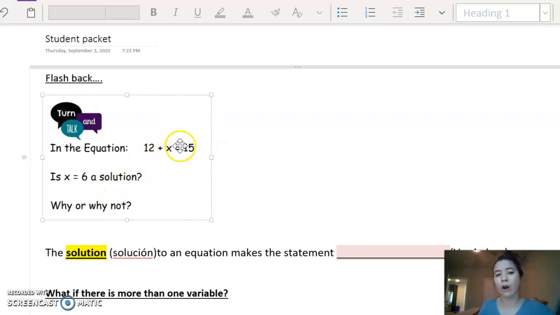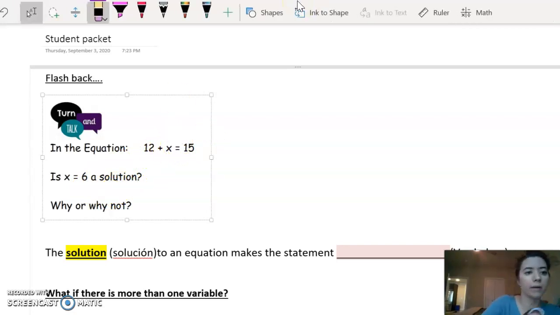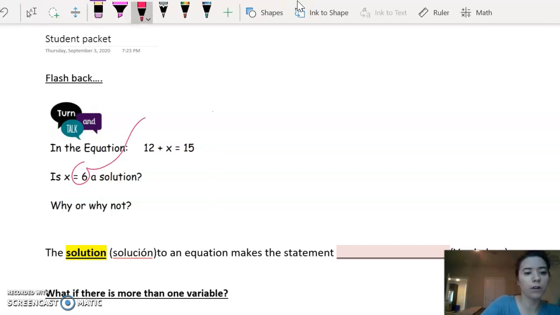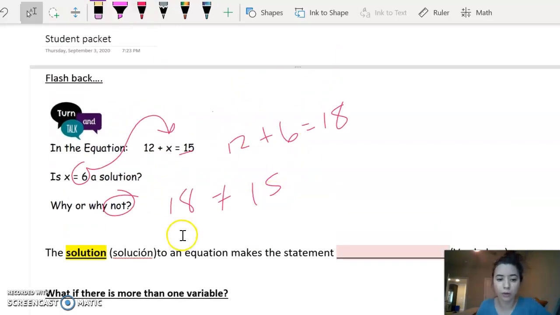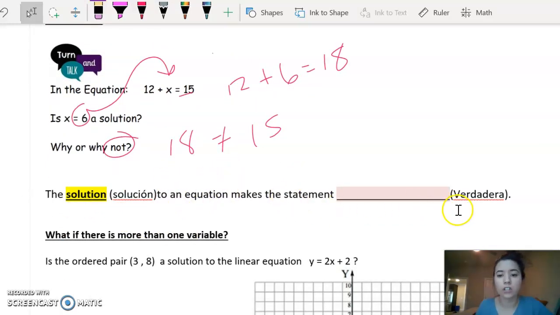And we said no, because if we plugged in 6, we got 18 and not 15. So this was not a solution because 18 does not equal 15. Solutions are numbers for variables that make the statement true.